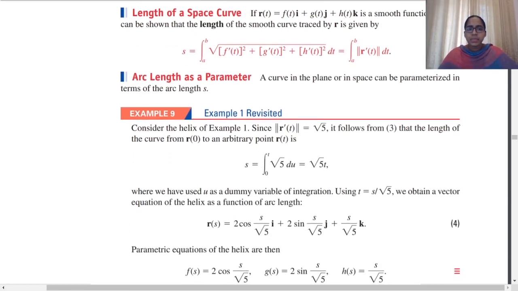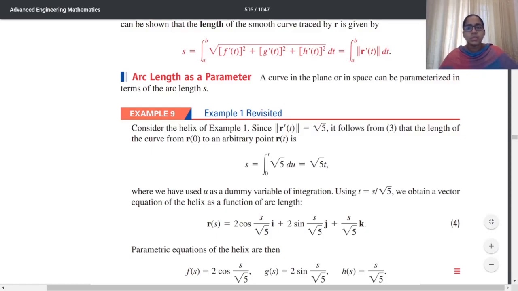Next is the length of a space curve. If we are given a vector function r(t) = f(t) i + g(t) j + h(t) k, then the length of the smooth curve traced by the vector function, corresponding to any vector function we have a smooth curve, will be given by s equal to the integral from a to b of the square root of f'(t)² plus g'(t)² plus h'(t)² dt, or in other terms it can be written as the integral from a to b of the norm or magnitude of r'(t) dt.